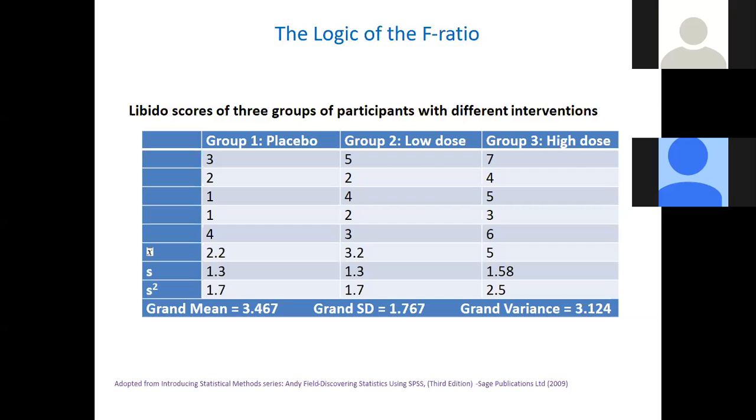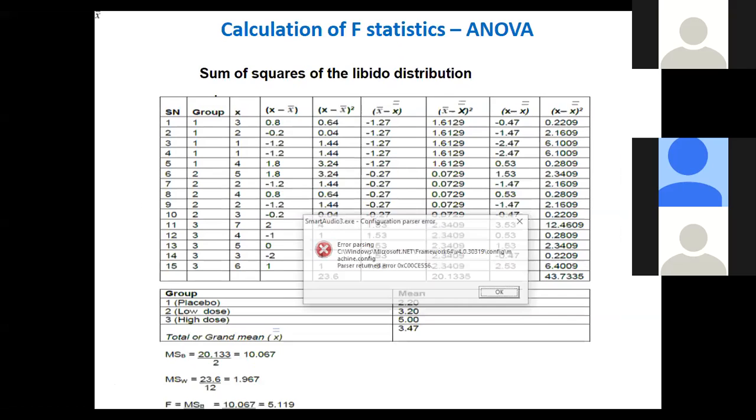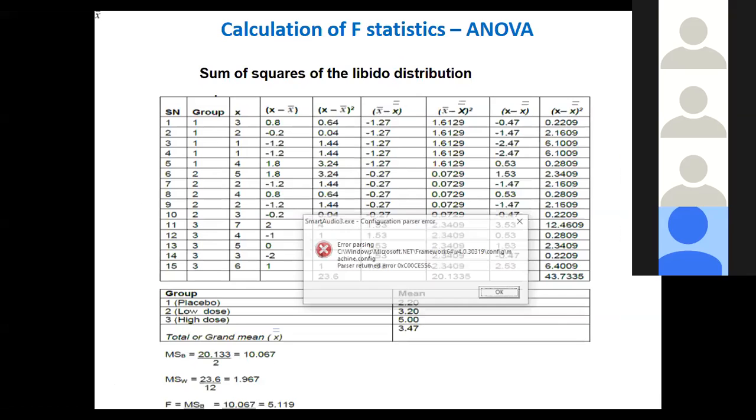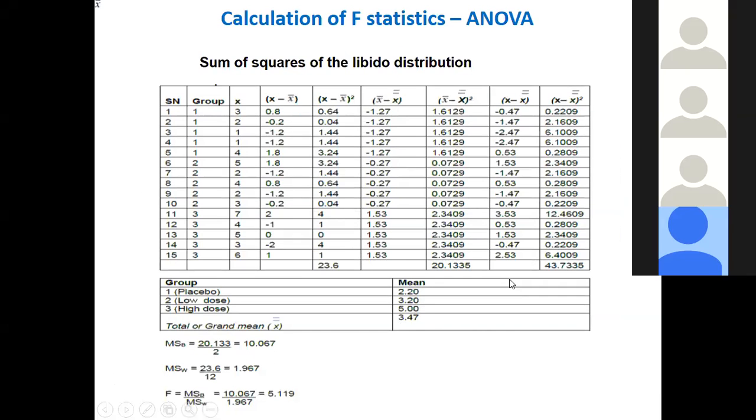Does anybody have any clarification on that? Thank you very much, sir, for this session. So I understand that. Just to confirm what you said, there will be variation between the different groups and the grand mean, and that variance is the grand variance. The difference between what did you say?